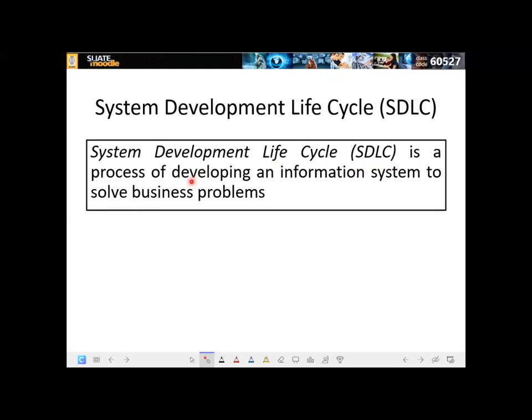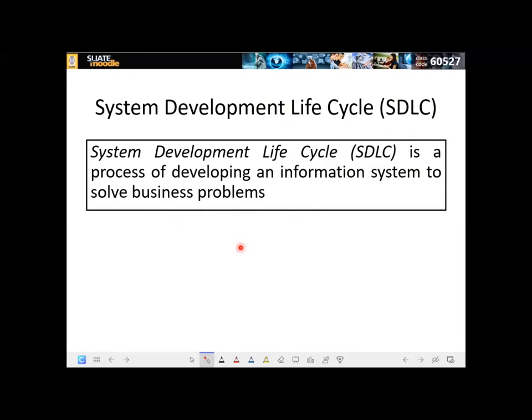It is a process of developing an information system to solve business problems. It's a process. That means there may be several stages in this system development. So that's why we call it system development life cycle. Students, we use this to solve business problems. So what does it mean? For example, why do we use a computerized system in a bank?